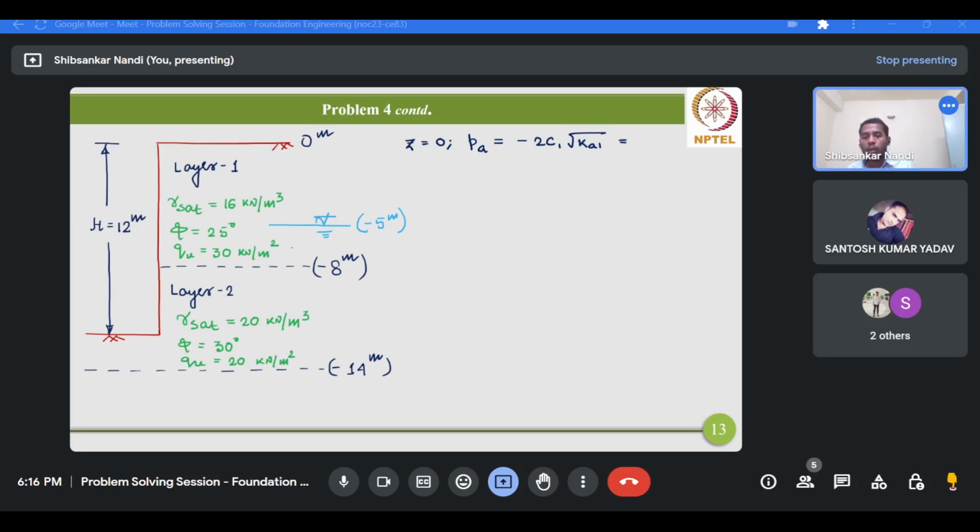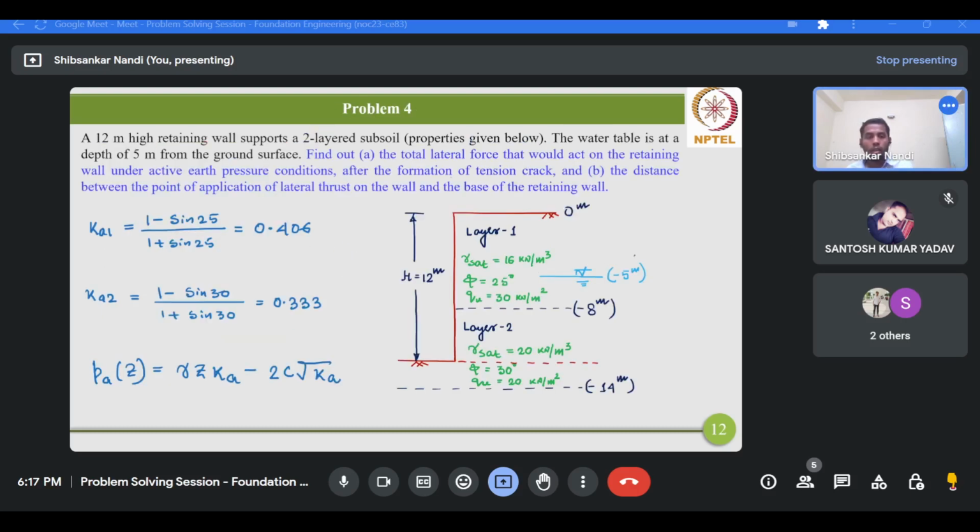The value of cohesion for layer 1 is 30 by 2, that is 15 kilonewton per meter square.